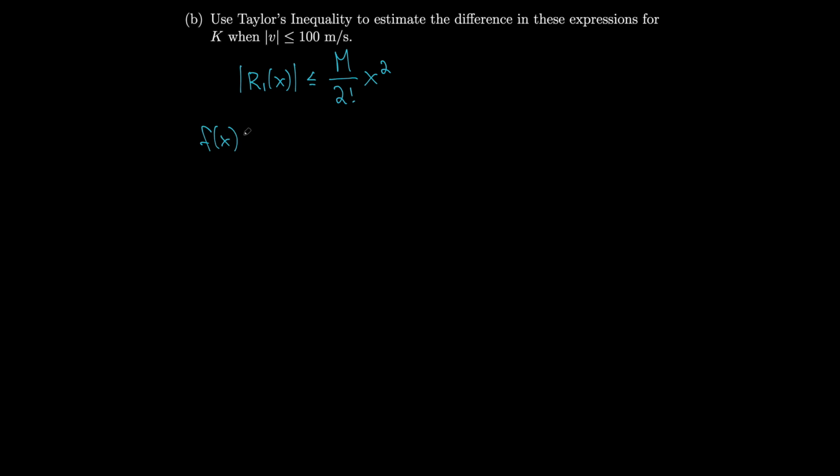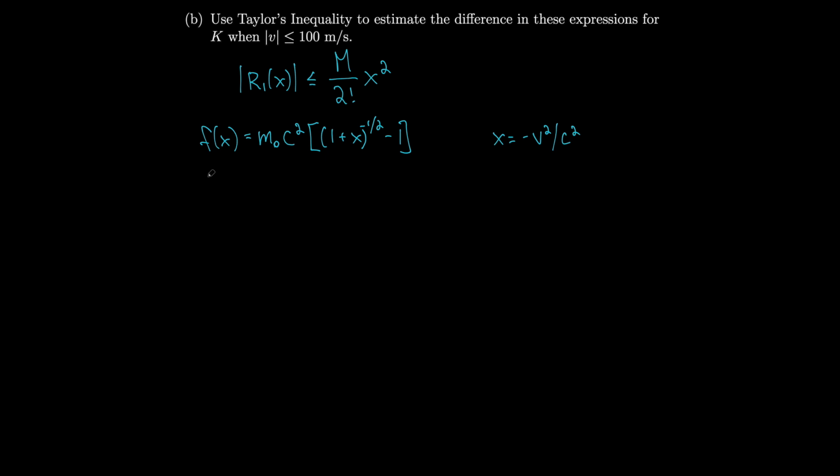So f of x is m naught times c squared times (1 plus x) to the minus 1 over 2, minus 1. I forgot my parentheses. Gotta put that right over there. Okay, that's better. And x is minus v squared over c squared.